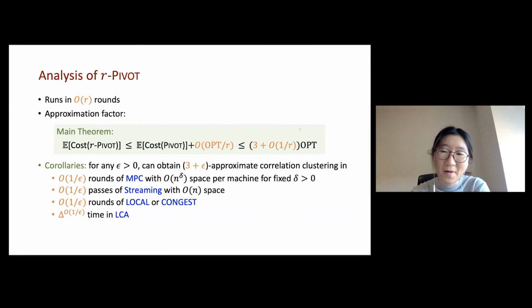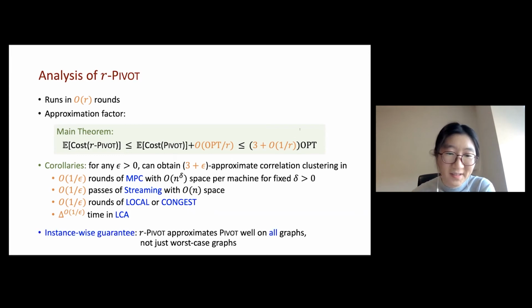For example, we can do this in O of 1 over epsilon rounds in the sublinear MPC regime, in O of 1 over epsilon passes in the streaming setting with linear space, and in O of 1 over epsilon rounds in the LOCAL model and the CONGEST model. And we also have a delta to the O of 1 over epsilon time LCA, where delta is the maximum degree in the graph.